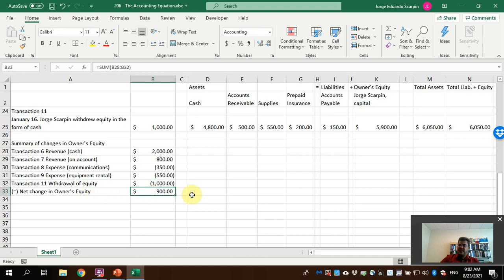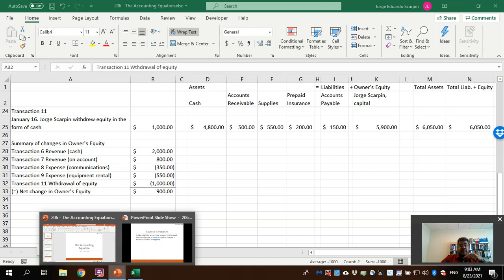Does it mean that our income is 900? No. We will be talking about income later, but only to let you know here, this transaction 11, it is not an expense. It is just a withdrawal of cash. Why is it not an expense?